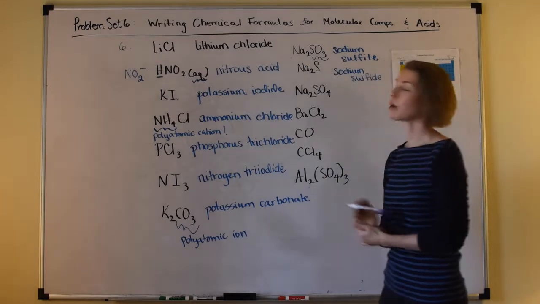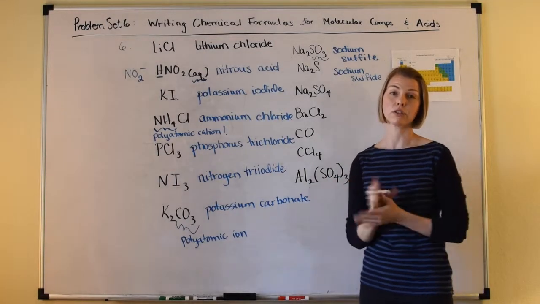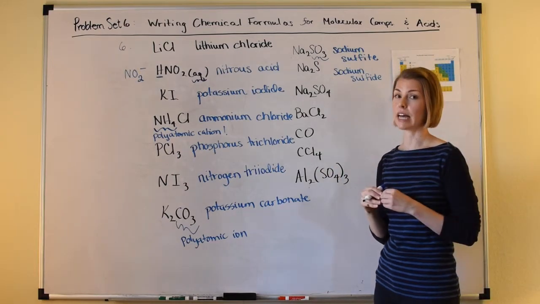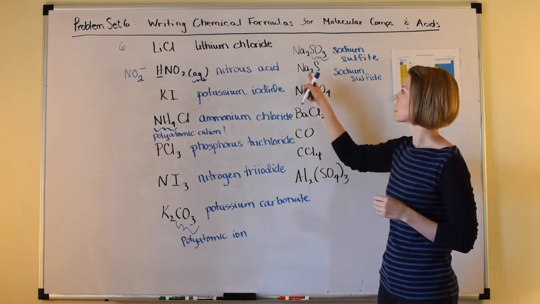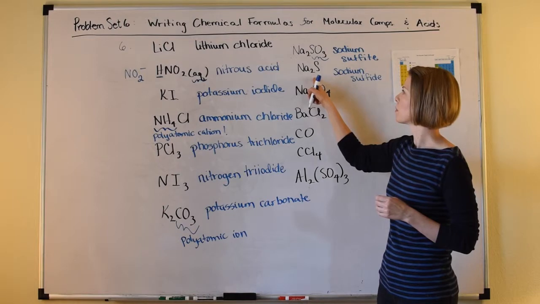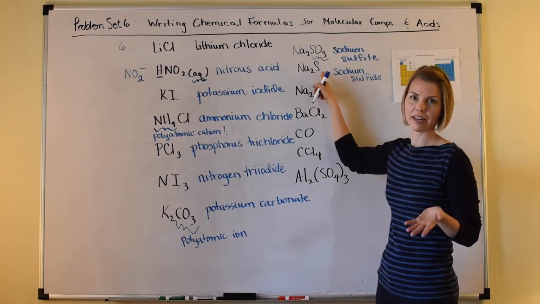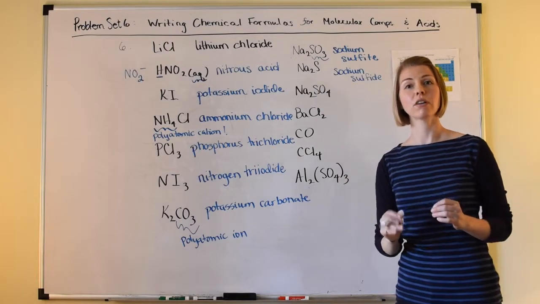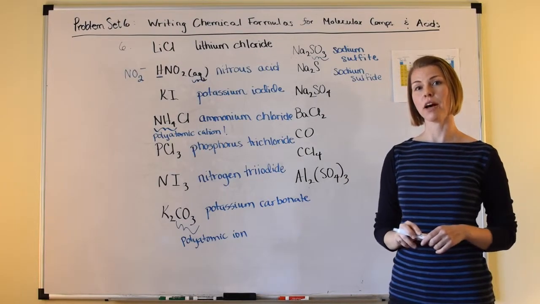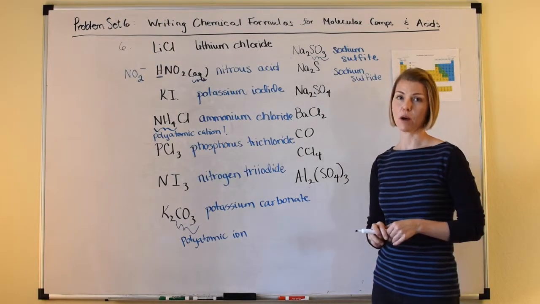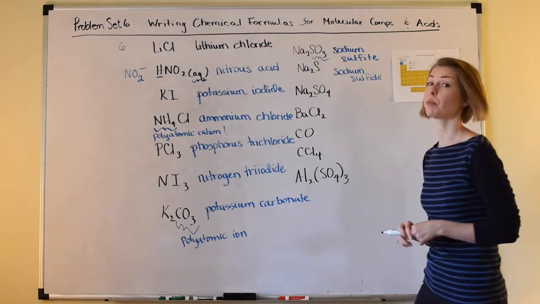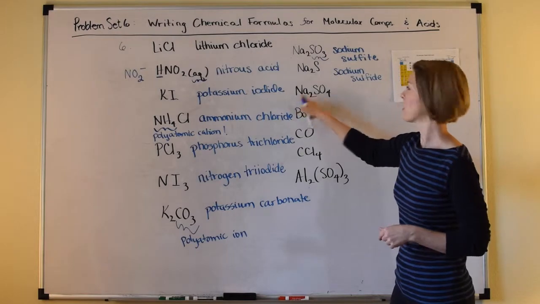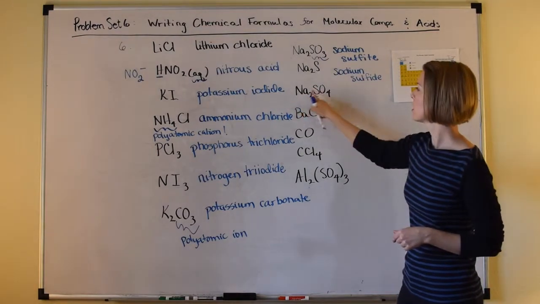A really common mistake I always see students making on the exam where they're doing these kinds of problems is that they're going to call this disodium monosulfide. Don't be the one to do that. This is an ionic compound. This is not a molecular compound. Name it by the ionic compound naming rules. No prefixes.